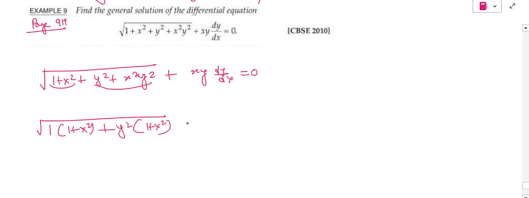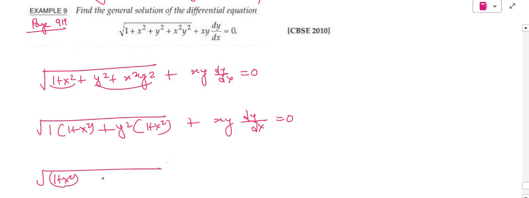So it is this, and it is xy dy by dx. Okay? Till here okay? I'm just trying to see if I can simplify. Okay, I can see clearly here what is common: 1 plus x squared is common, and this is coming. Okay, it seems to be in a little better condition.